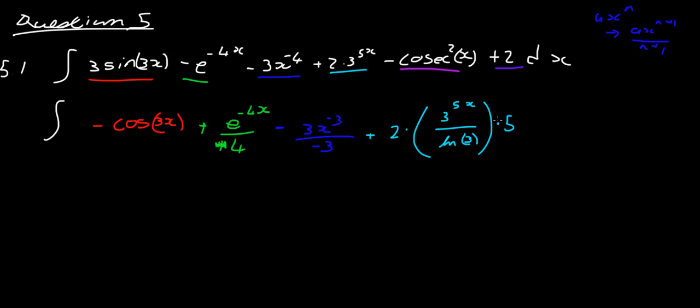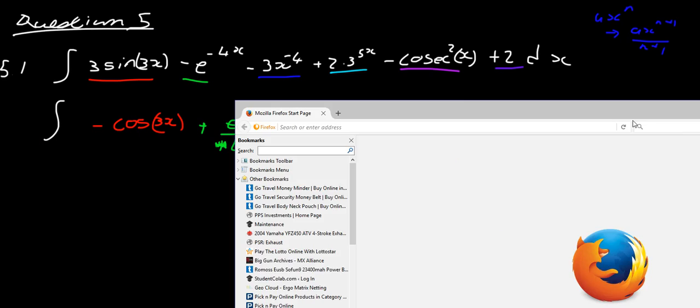Anyhow, continuing onwards. Next we've got the integral of negative cosec squared x. I need to check that one as well because I'm actually not sure. You see, this will be on your table of integrals and it'll be easier.